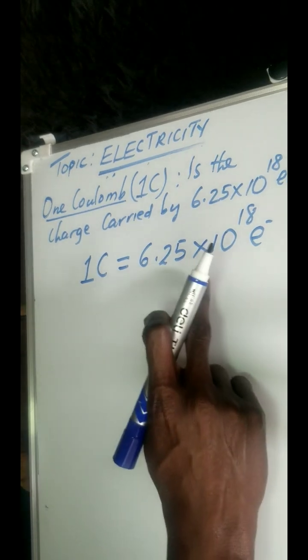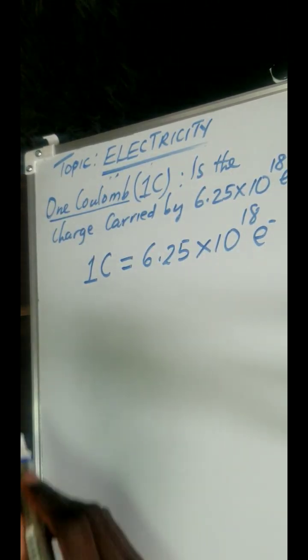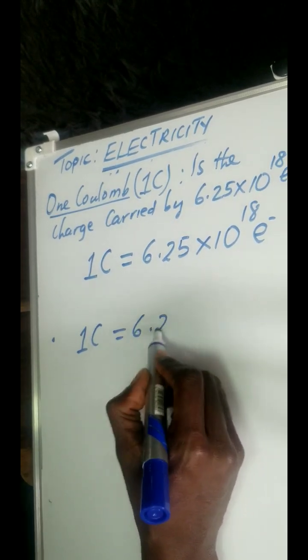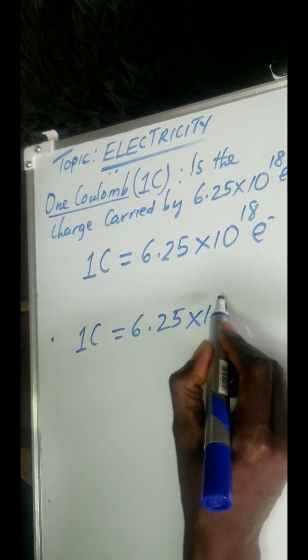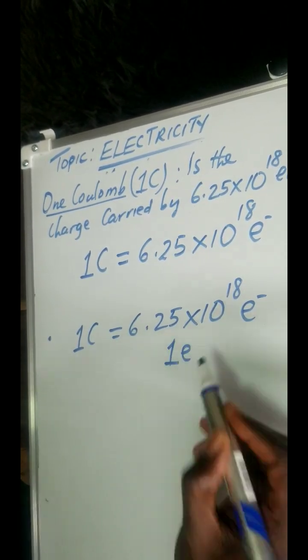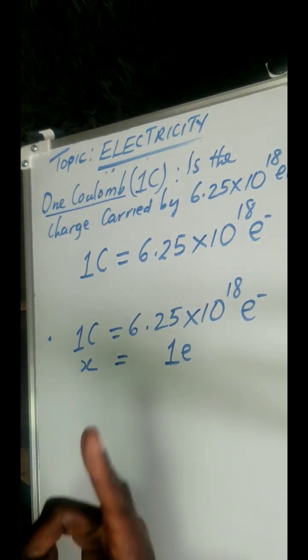But sometimes you would love to know the charge of 1 electron. Since 1 coulomb is equal to 6.25 times 10 raised to the power 18 electrons, what is the charge carried by 1 electron?